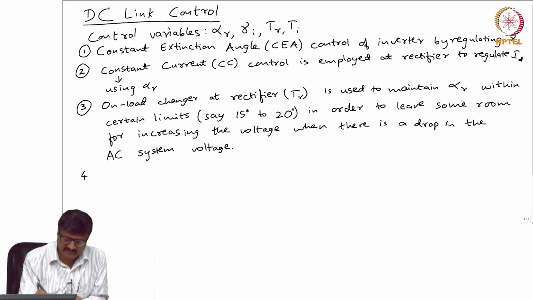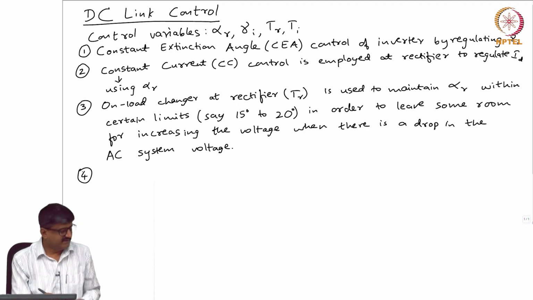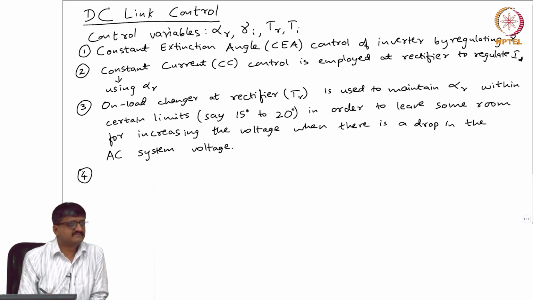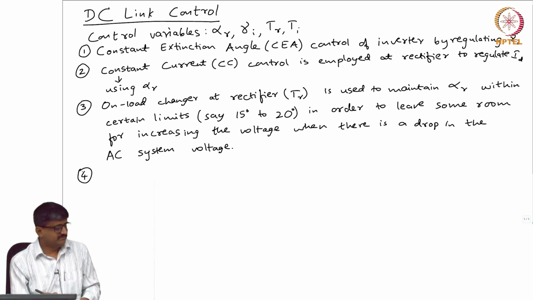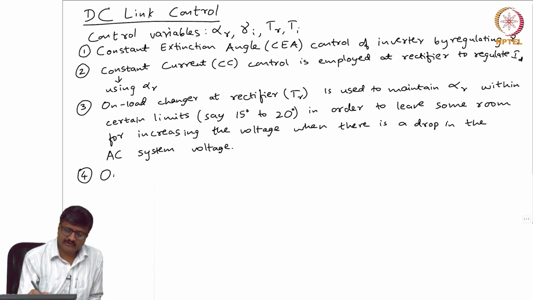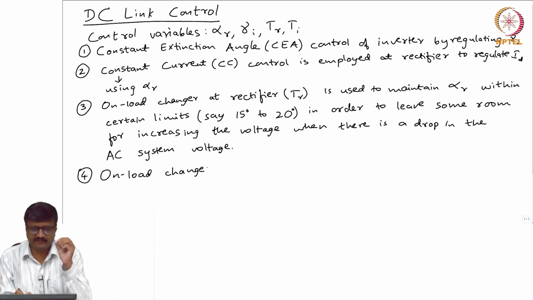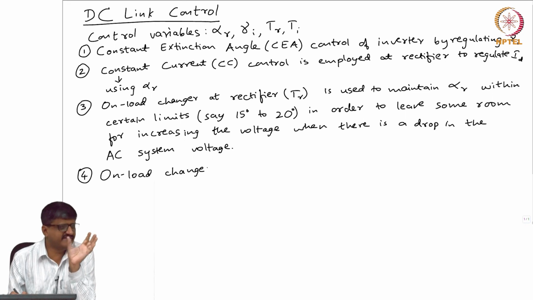There is one more control variable, that is TI. Now, how do you use TI? See, there is an on-load tap changer at the inverter. All of these are used to regulate one particular quantity to a desired value or within a certain range.